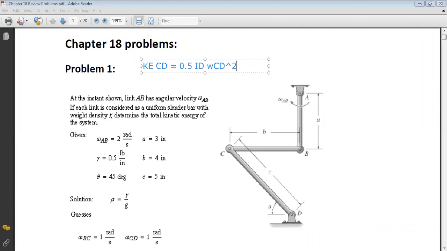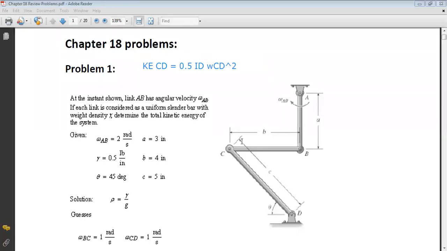But now, how to find omega CD? Who can tell me how to calculate omega CD in a fast way? We can find VC because we know the IC of BC. We have already found the IC. We calculate the distance from C to IC and multiply by omega BC, and we get VC.